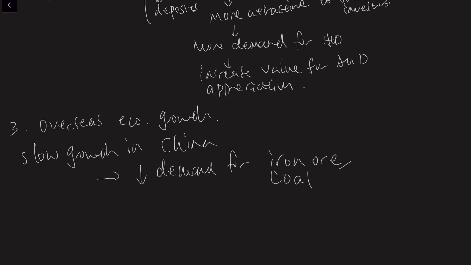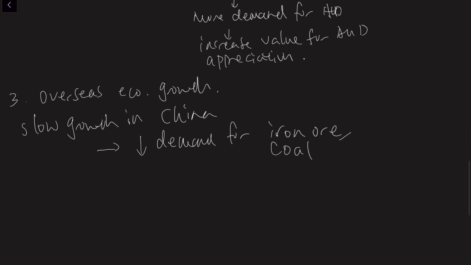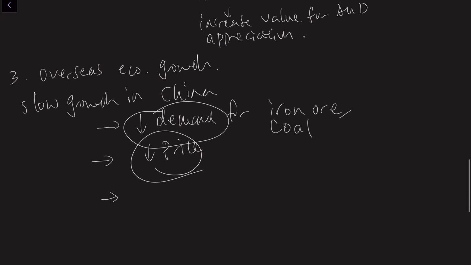The usage of electricity will decrease when the economy is slowing down, and iron ore is used for construction. So if construction is slowing down in a slow economy, this would decrease the price of coal and iron ore. So it will cause a drop in price and a drop in demand.